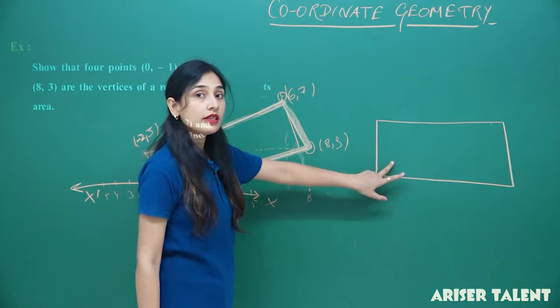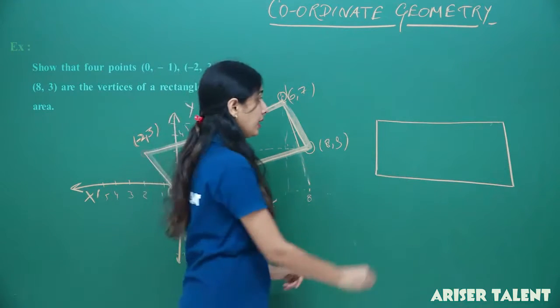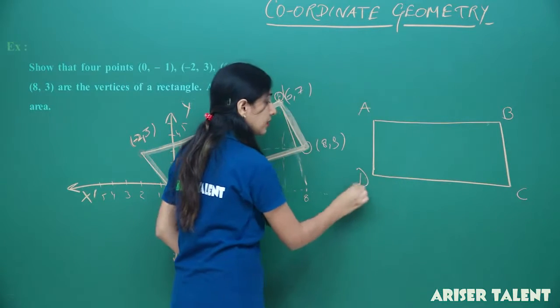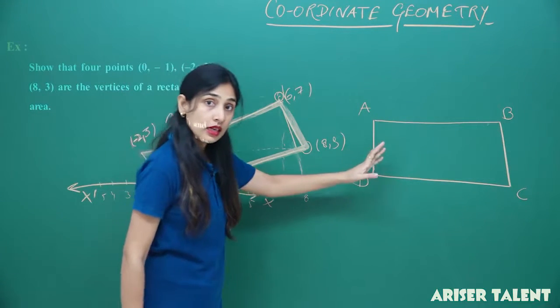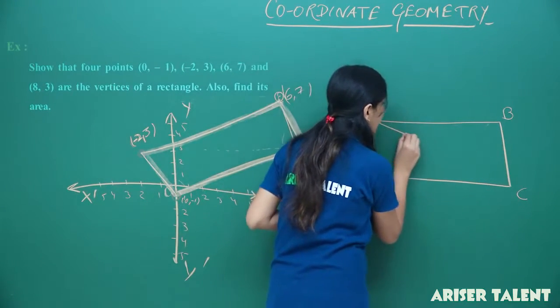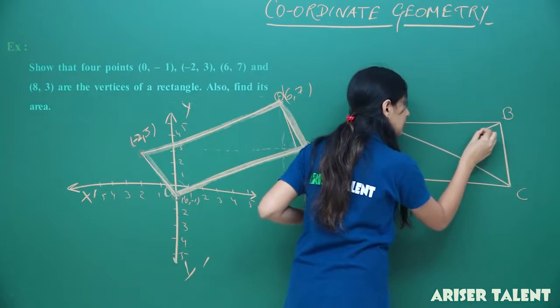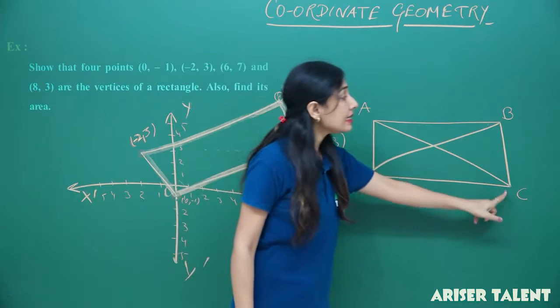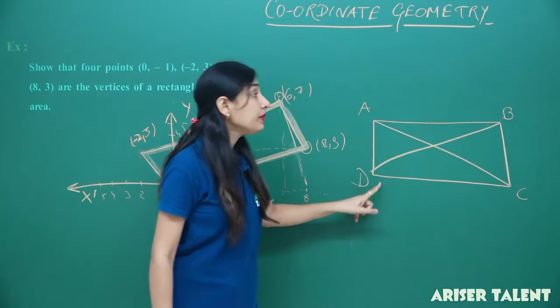So if this is a rectangle here, name it A, B, C and D. And then I made these two diagonals, this AC and this BD.